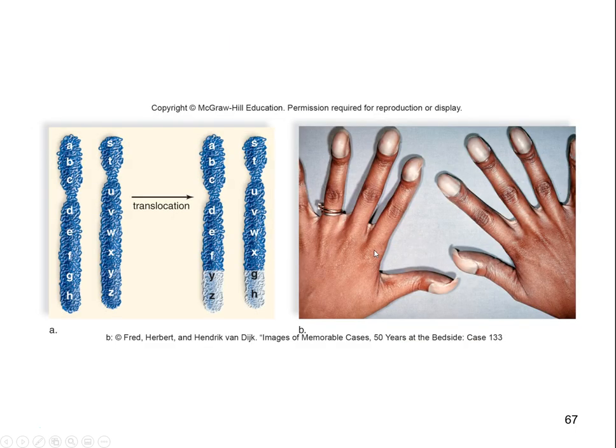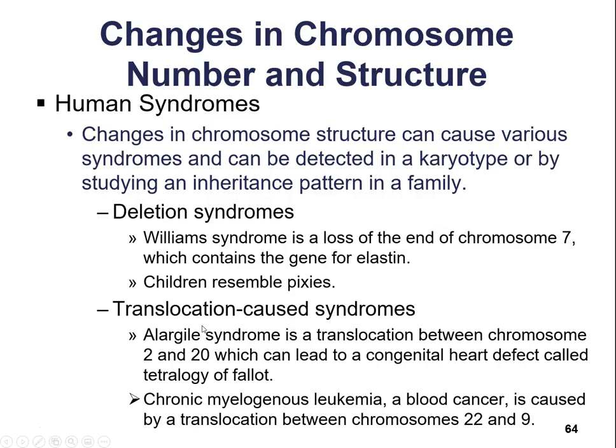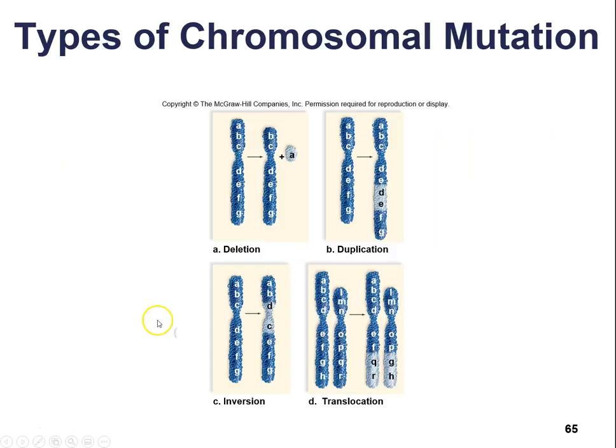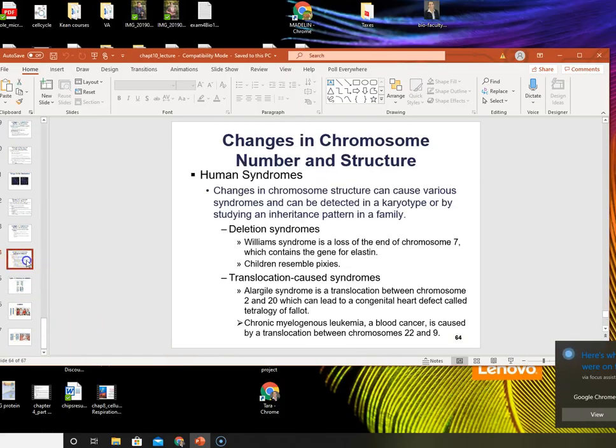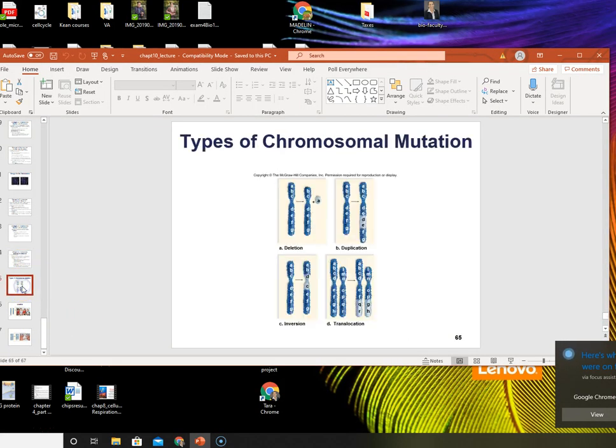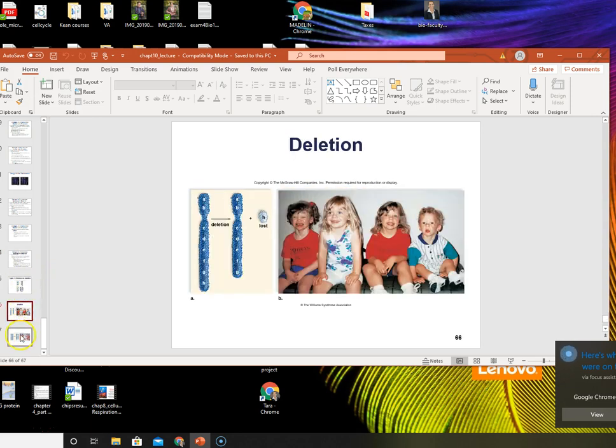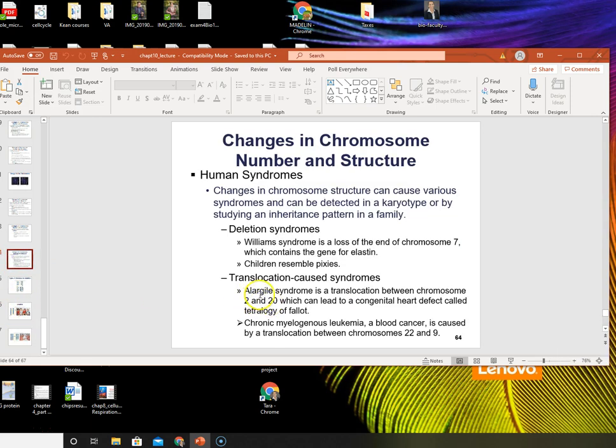Okay. Here, this is actually showing you an example of... I think this is a typo. Yeah. Anyway, let me just correct it now so that you see that. It's Alagille, I believe. That's why I was wondering what was going on here. Where is that?